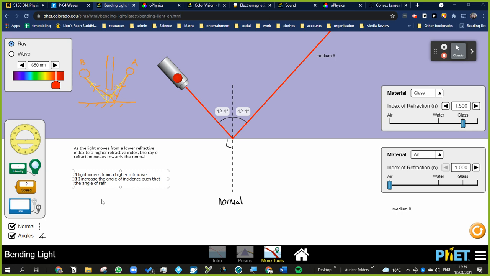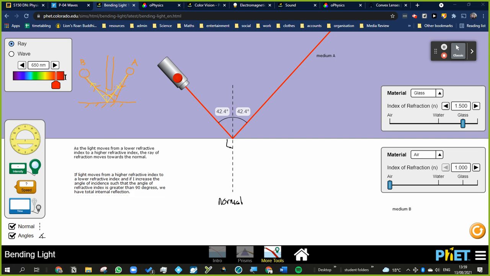Okay, but if light moves from a higher refractive index to a lower refractive index, and if I increase the angle of incidence such that the angle of refraction is greater than 90 degrees, we have total internal reflection.